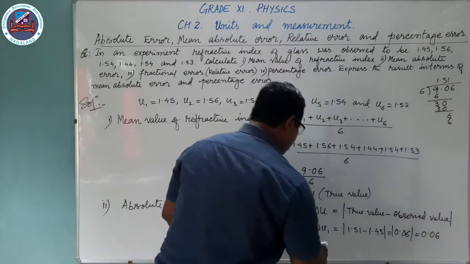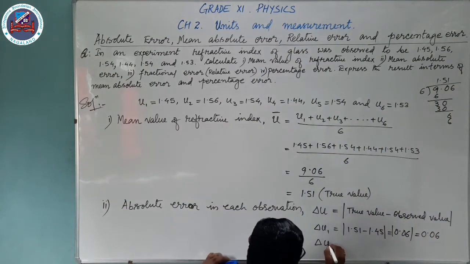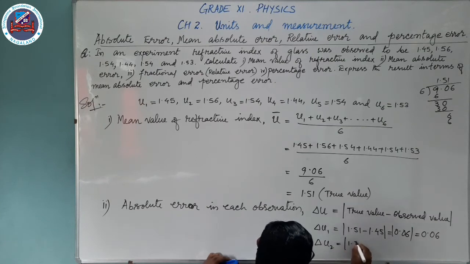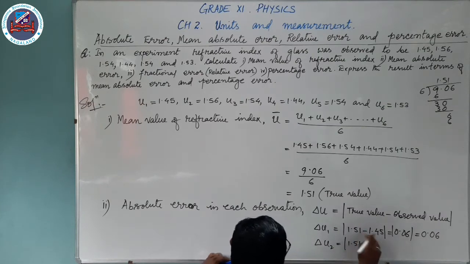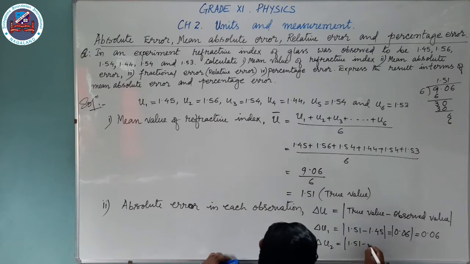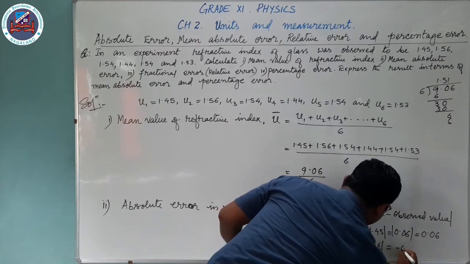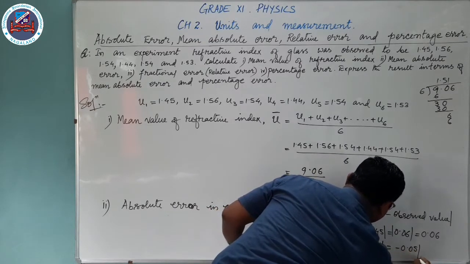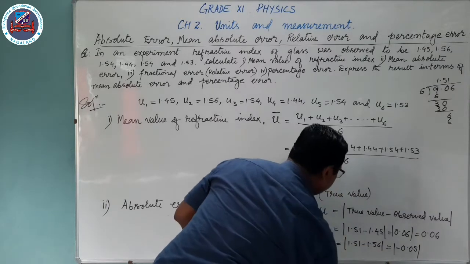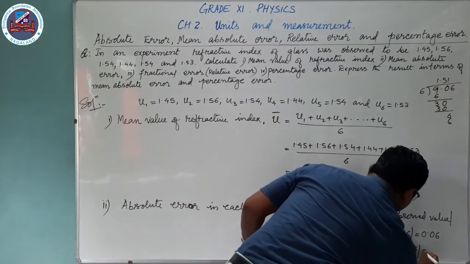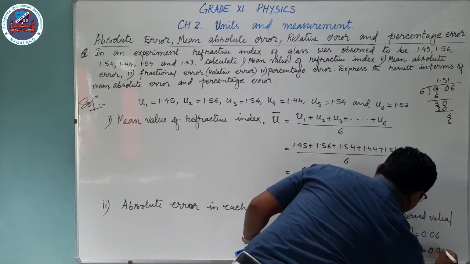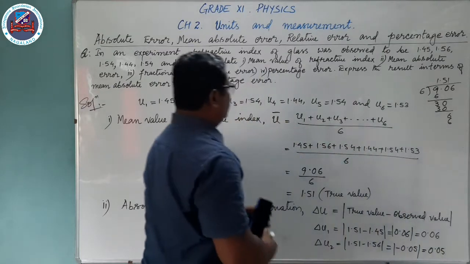0.06. Then delta U2 is 1.51 minus the second value U2, 1.56. So here you can see very clearly that the answer will come in minus 0.05. But you cannot take the negative value, you have to take the positive one, 0.05.